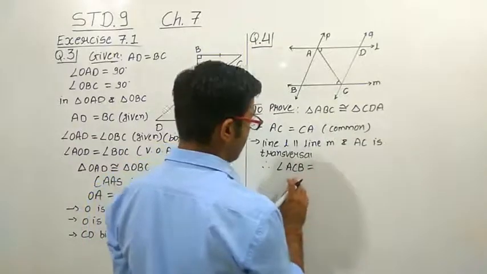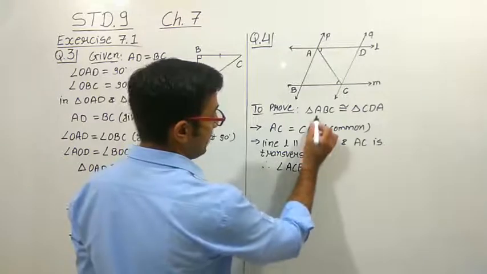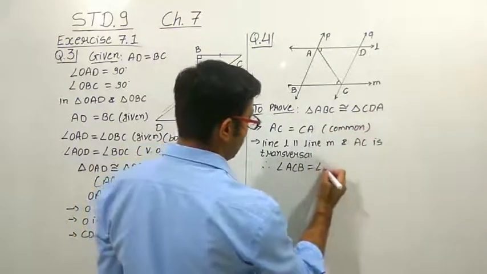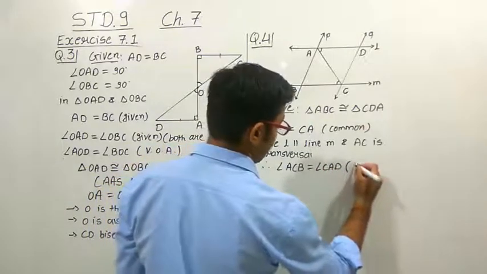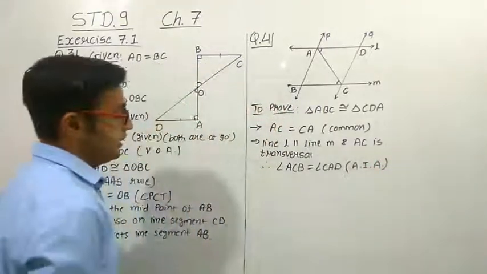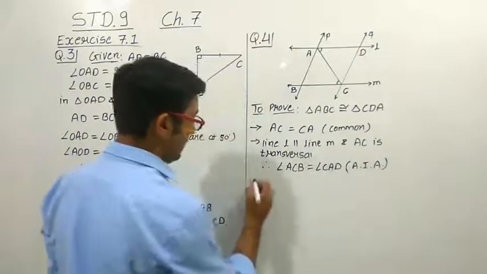See, whatever triangle you write, according to that we have to write the angle here. Here we have taken ACB, so here we have to write angle CAD. What is the reason? These two angles are alternate interior angles, right? According to that, these two angles are equal.